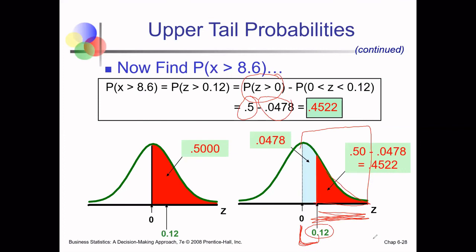You just subtract. Why are we subtracting? Because you want to find the shaded area, and if you subtract from 0.5 this area, you automatically get the shaded right side area. That's why we are subtracting.